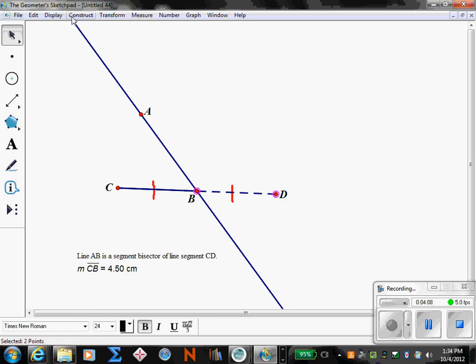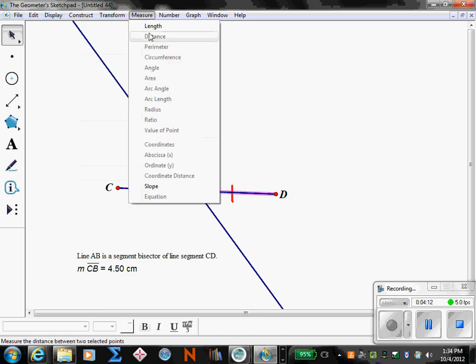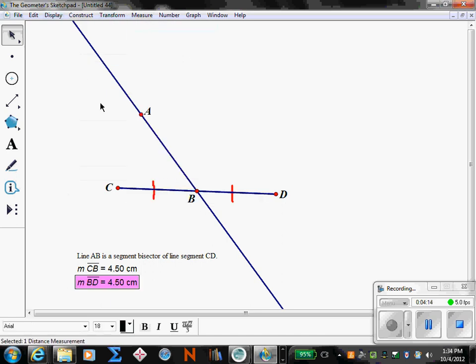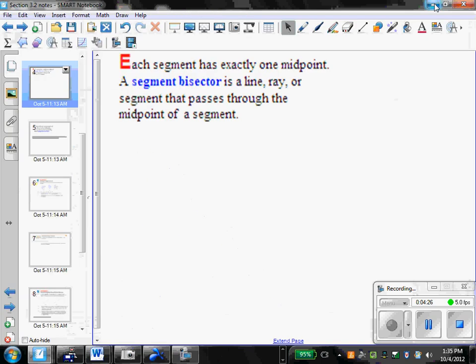So I'm going to highlight BD, construct a segment, and then measure its length. Okay, so they both are 4.5 centimeters long, so we can say line segment CB is congruent to line segment BD. Okay, so that is our segment bisector.